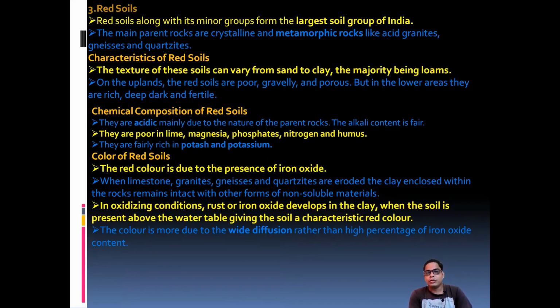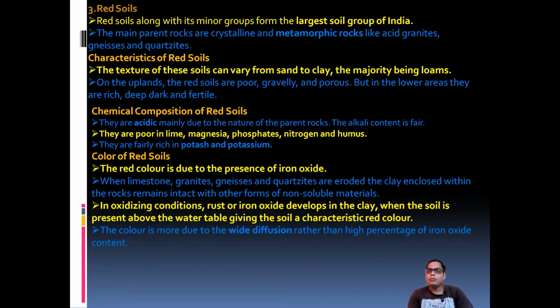The texture of this soil ranges from sand to clay, the majority being loams. On the uplands, the red soils are poor, gravelly and porous, but in the lower areas they are rich, deep, dark and fertile. These two characteristics you have to memorize, or try to understand.